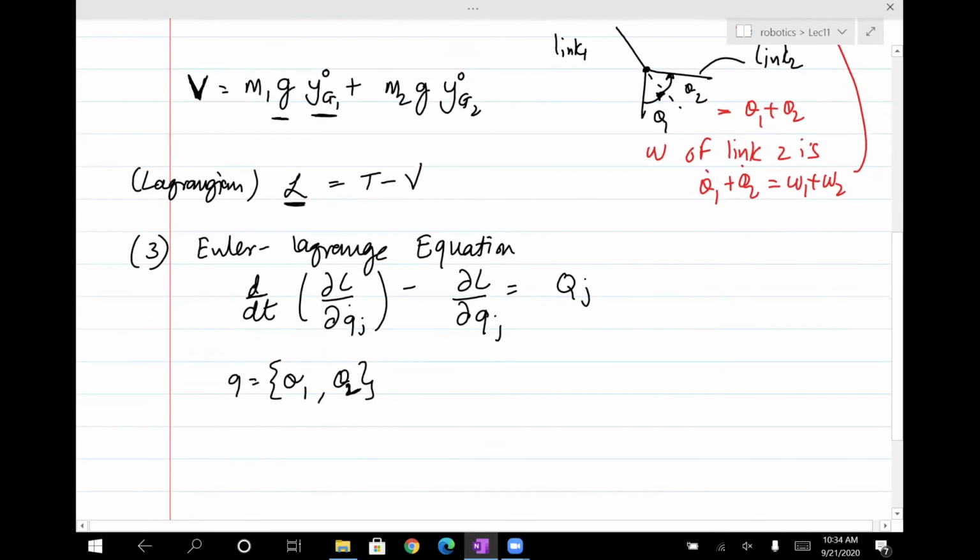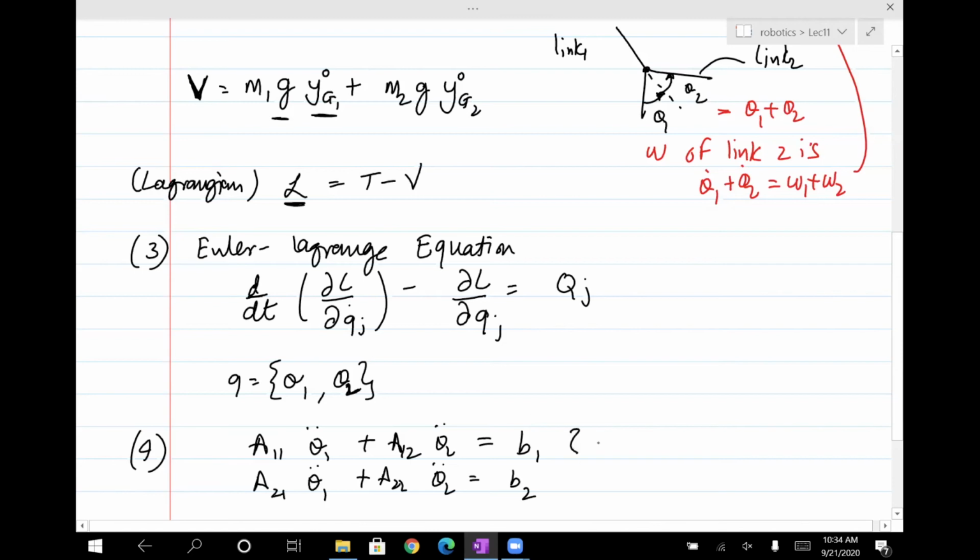When we do this math, which I suggest you do on a computer because of the complexity of the expressions, you end up getting an equation which looks something like this: a11 theta 1 double dot plus a12 theta 2 double dot equals b1, and a21 theta 1 double dot plus a22 theta 2 double dot equals b2.